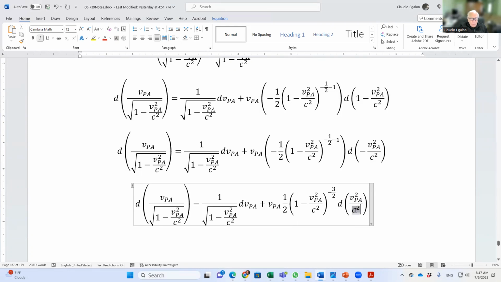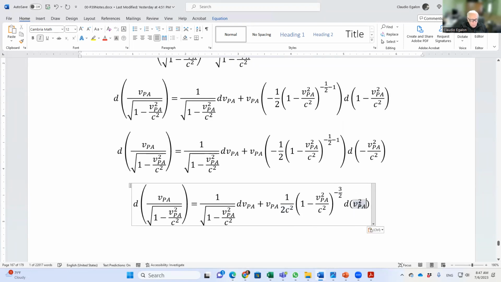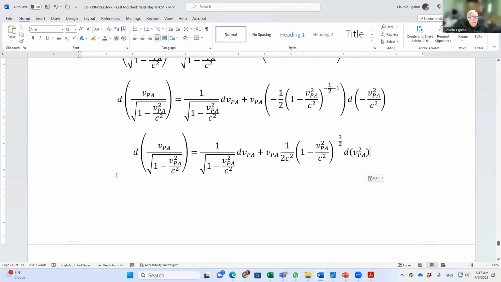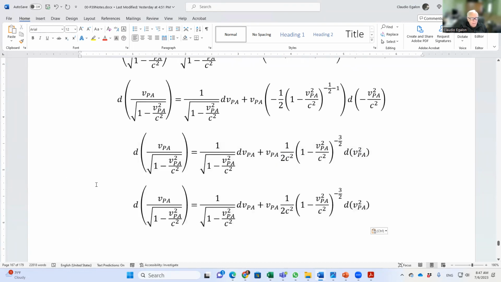The c squared that you have here can be taken out from inside the differential symbol. And we are left with, here we go.